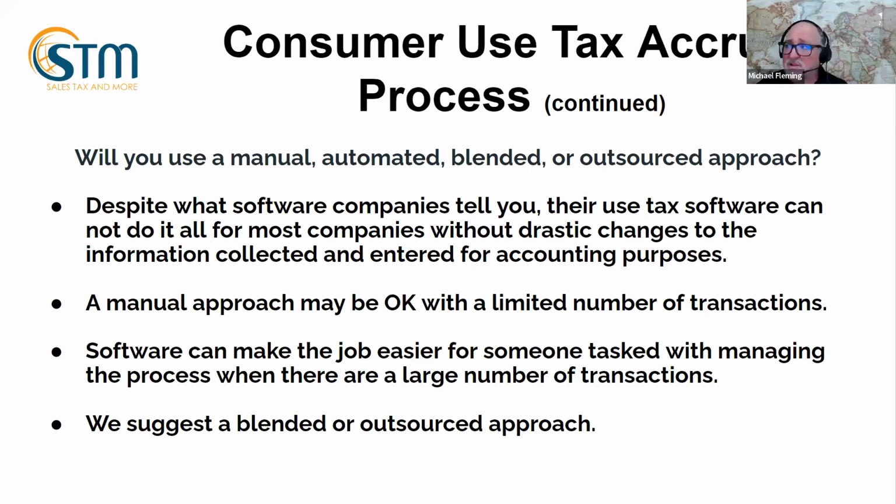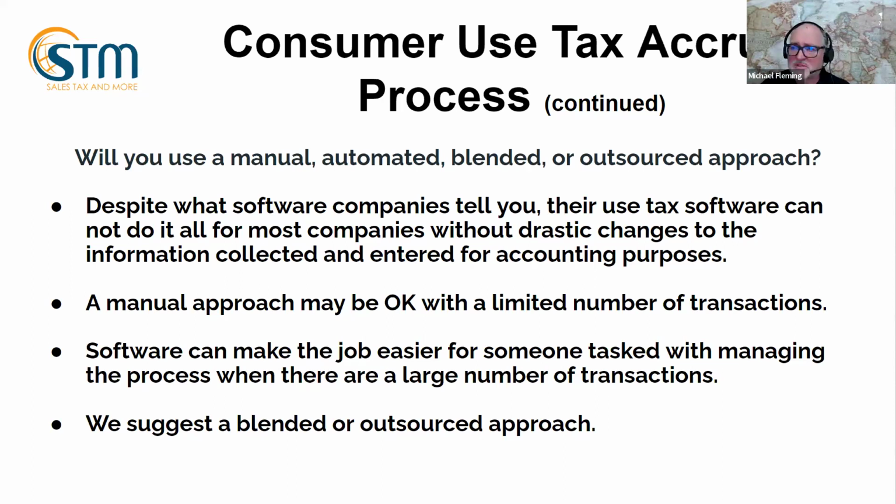So there's a couple of different ways you can do this. You can use a manual approach where you're doing everything manually. You can use an automated approach like the software I was just talking about. You can use a blended approach, which is you're doing things manually, but using software to make your life easier, or you can outsource it to someone else totally.